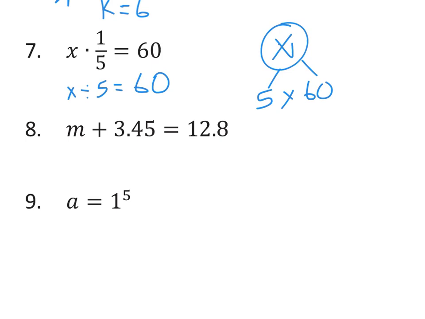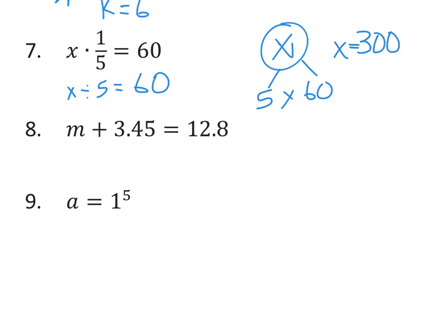The whole comes first, all right? And so 5 times 60 would be my answer, and therefore x is going to equal 300. And again, plug it in and check.